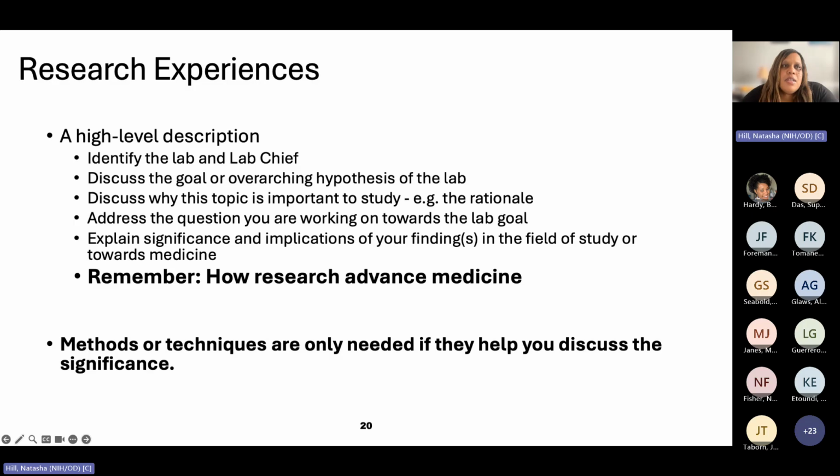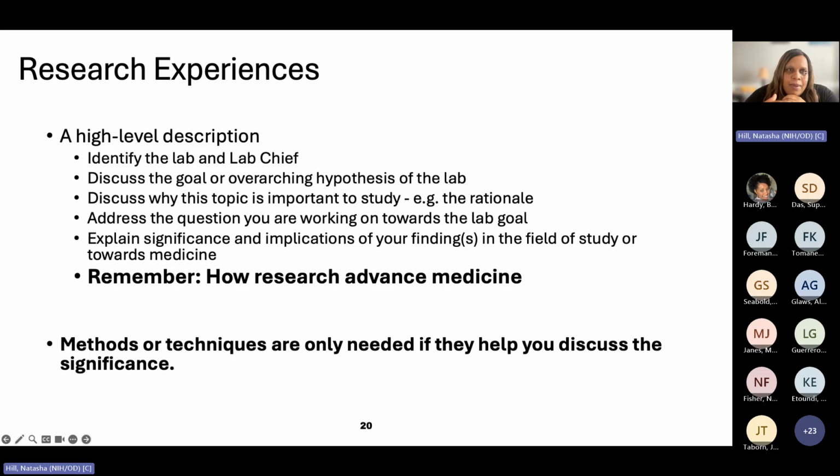Okay, so research. When you're thinking about writing your research activity, think about discussing it at a high level. Remember, you're not going to be talking to people who are experts in your specific field of research. So keep it high level.